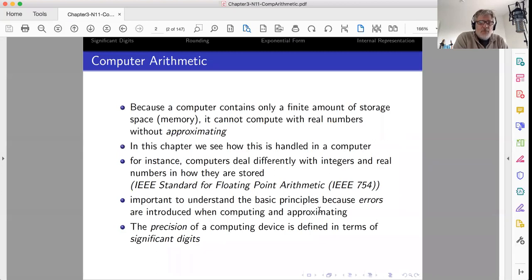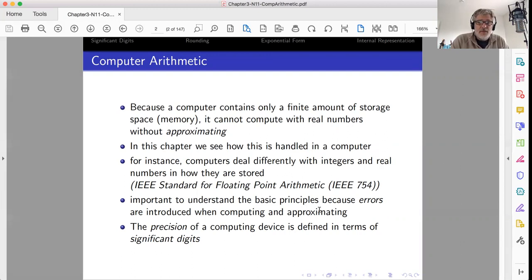A computer contains only a finite amount of storage space, so it can't compute with real numbers without approximating. You have to truncate eventually because you have a finite amount of space and it's limited by the computer's ability to deal with the numbers. In this chapter, we're going to see how this is handled in a computer.